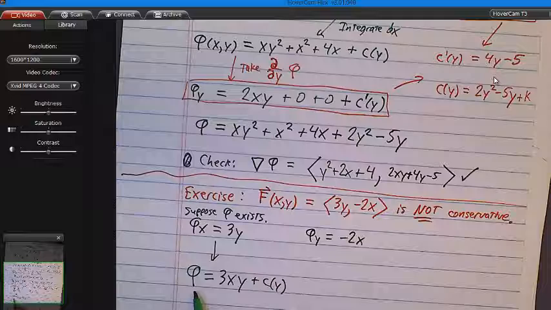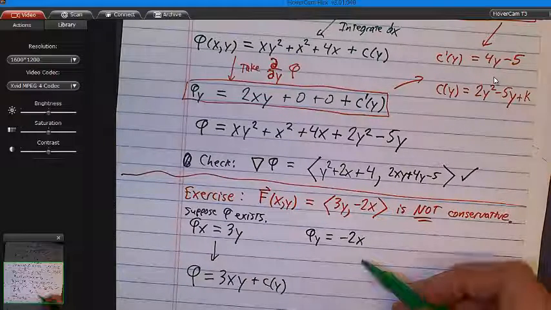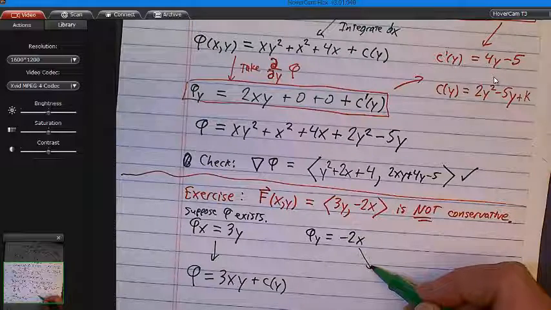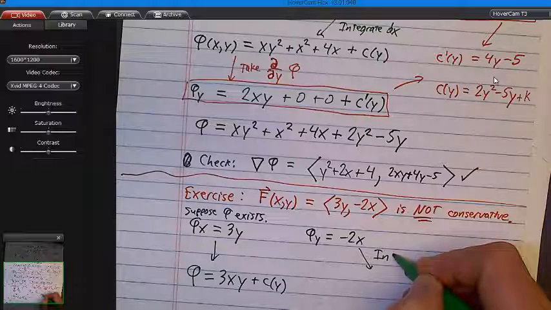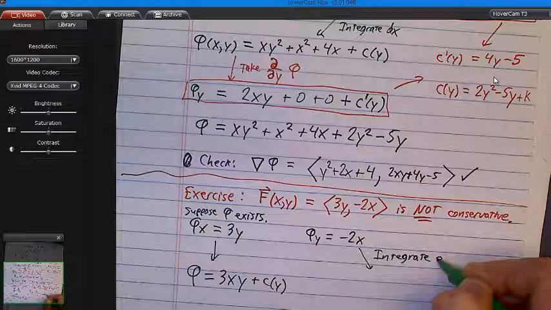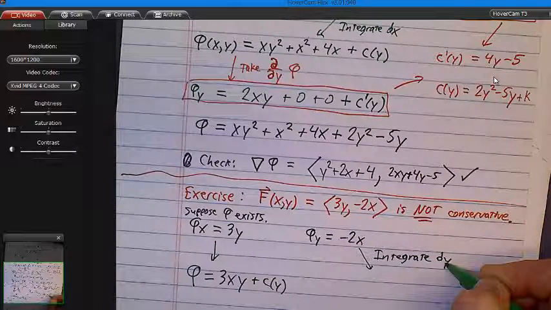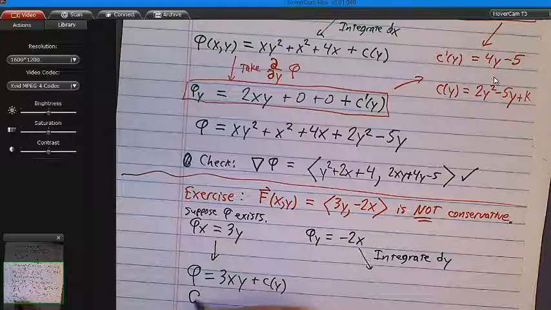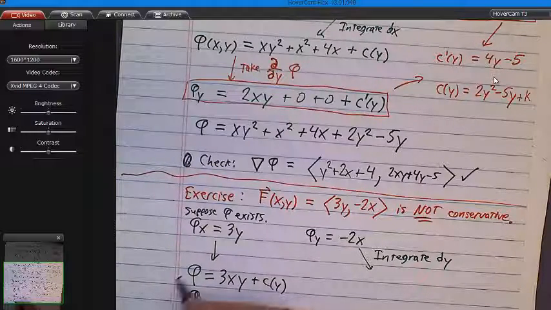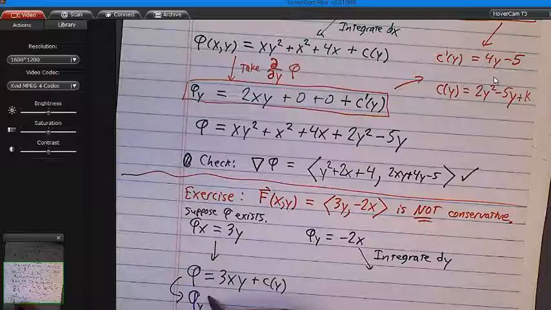Because now, well, what did you guys do next? And then I took it from y and did negative 2, and then it becomes negative 2xy plus c of x. Right, so some people will do this, they'll say, let's integrate this dy. But what I suggested the first time was, once you have phi, let's compute phi y this way. How do you get from phi to phi y?